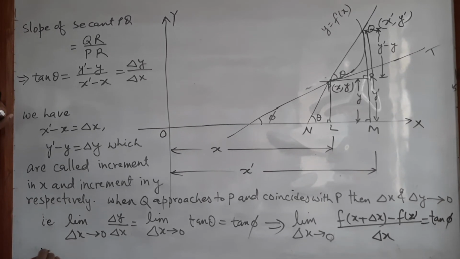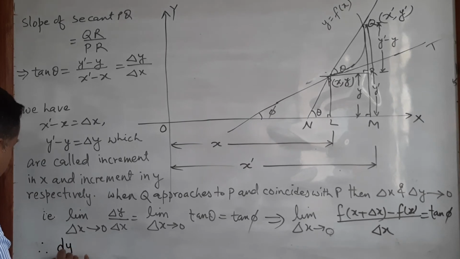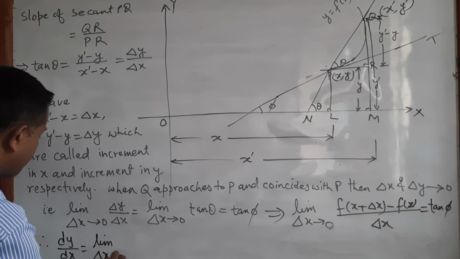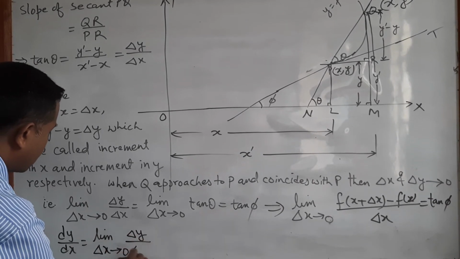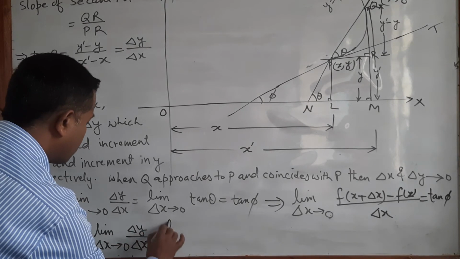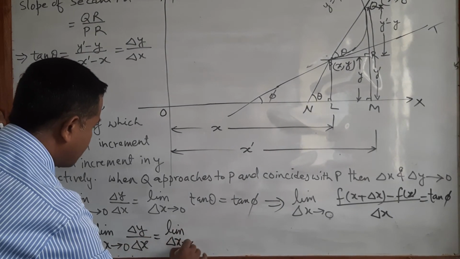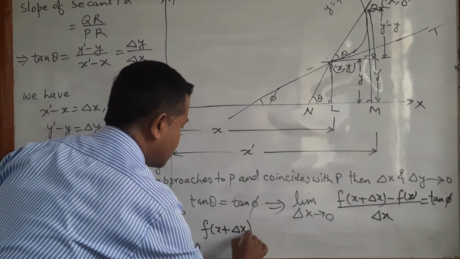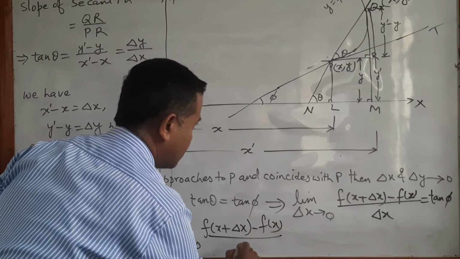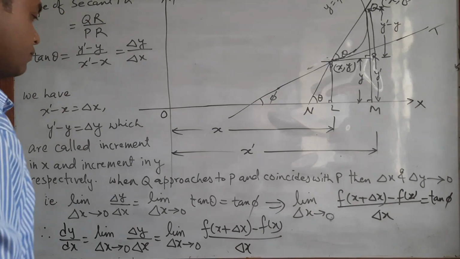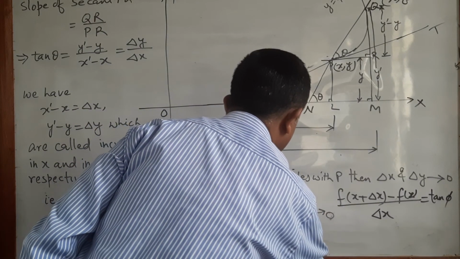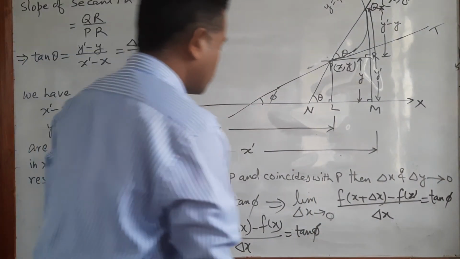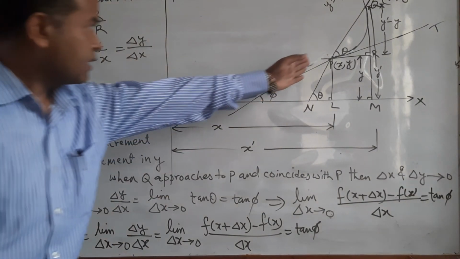Therefore, it is denoted by dy over dx equals the limit as del x approaches 0 of del y over del x, equals the limit as del x approaches 0 of f(x plus del x) minus f(x) over del x, which is tan phi. It is the slope of the tangent at the point P.